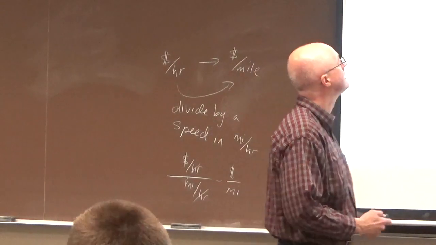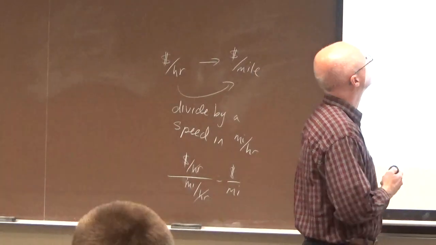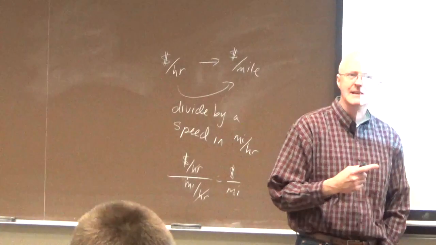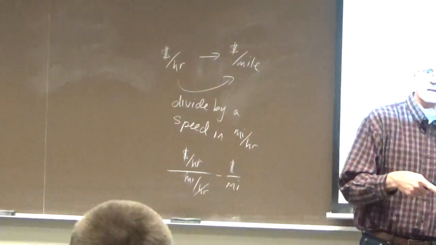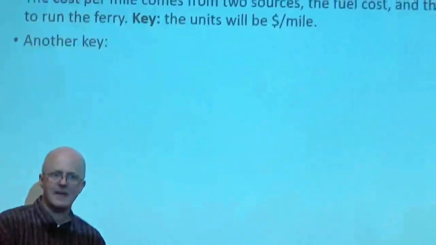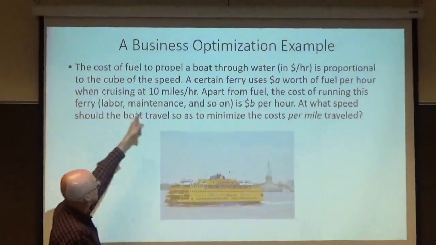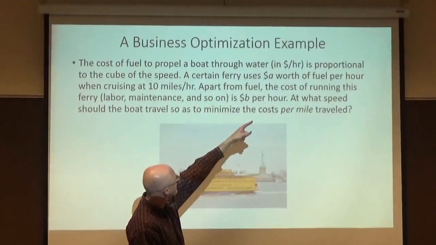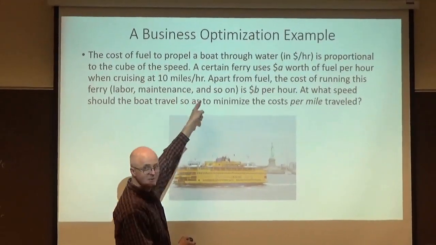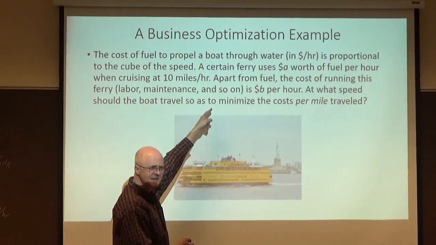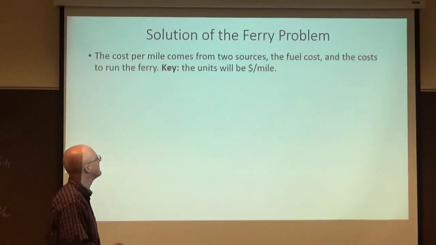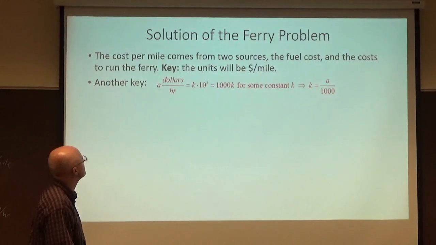Here's another key. The fact that the fuel costs were proportional to the cube of the speed. And we had a certain cost, $80 per hour when going 10 miles per hour. That's going to give us an equation that's going to help us solve the problem. Here it is.